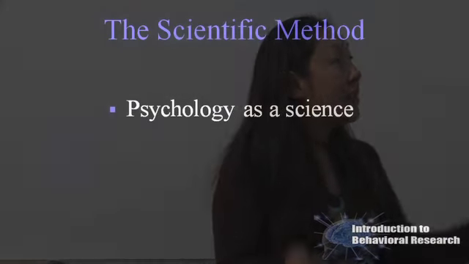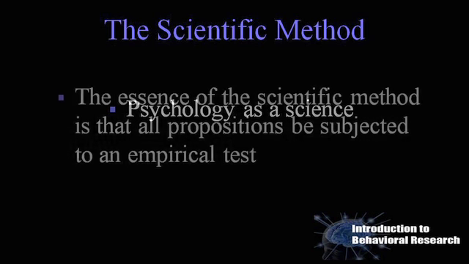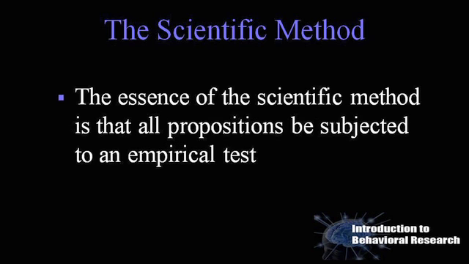Okay, good. So the scientific method, okay? Psychology as a science. I'm sure all of you took Psych 101, so you know psychology is a science, but it's a young subject compared to philosophy, history, and so on, okay? So the essence of the scientific method is that all propositions be subjected to an empirical test.